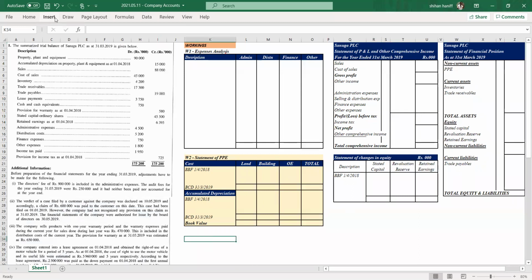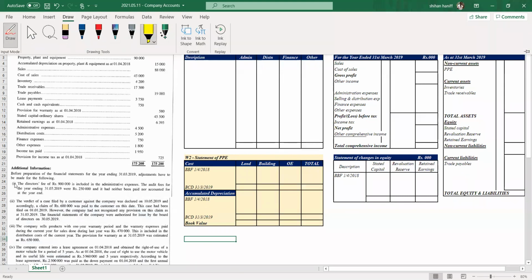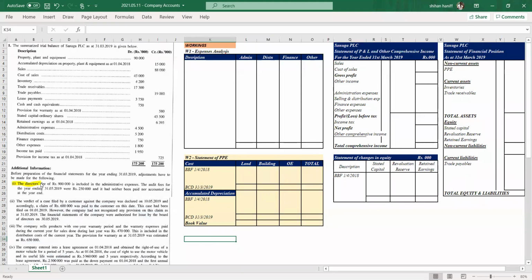Right. So additional information number 1. The director fee of 900 is included in the administration expense. The audit fee for the year ending 31st March 2019 was 250,000 and it had neither been paid nor accounted for at the year end.